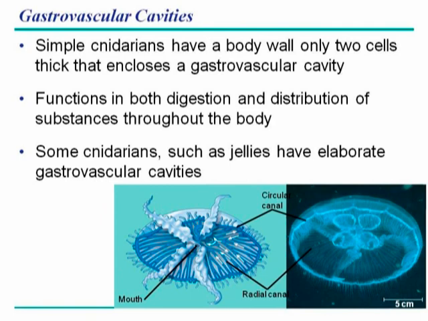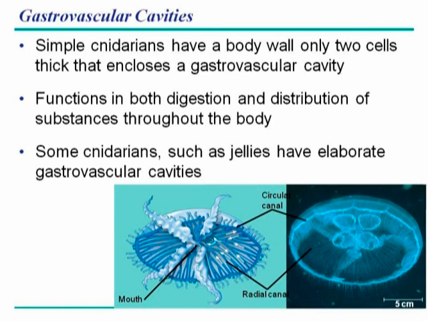Simple cnidarians such as jellyfish and hydra have a body wall only two cells thick that encloses a gastrovascular cavity. It functions in both digestion and distribution of substances throughout the body.